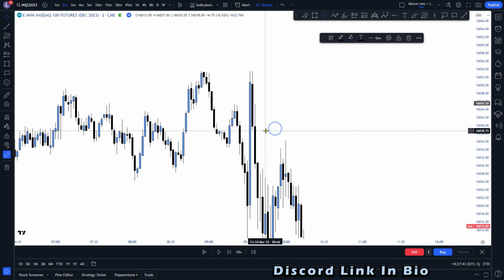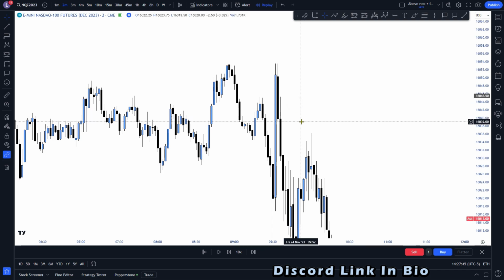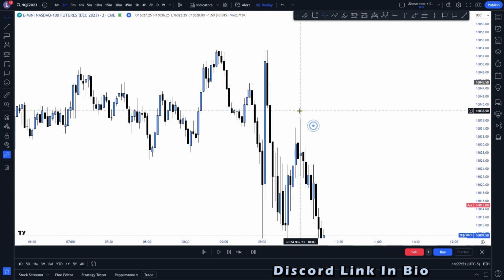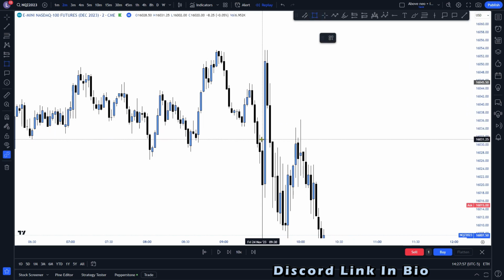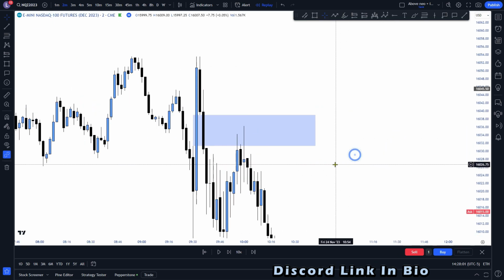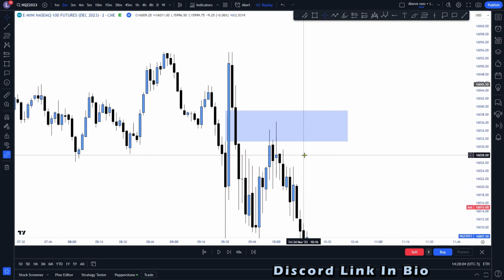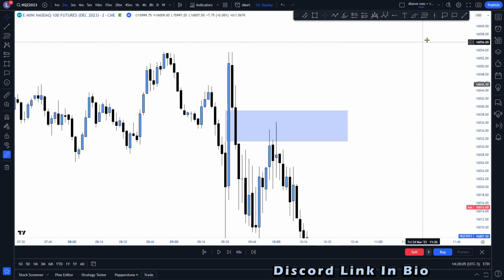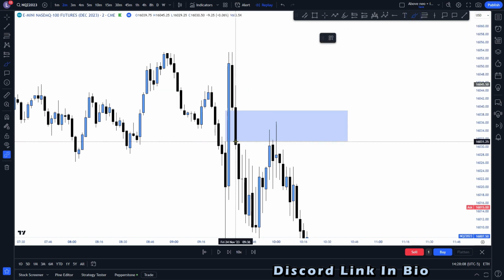So let's jump into what an inversion fair value gap is. Now, all an inverse fair value gap is, is just a fair value gap that has been disrespected. So here we have this bullish fair value gap, as you can see. I'm on the 2-minute time frame right now, and where does this fair value gap get turned into an inversion? It is right here.